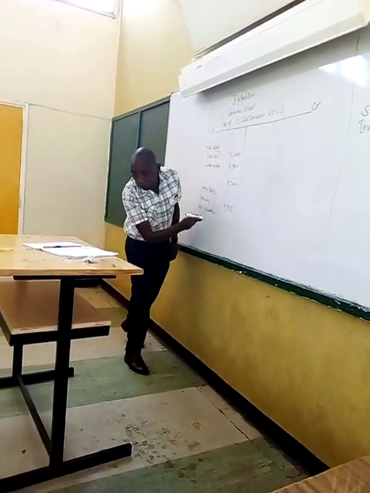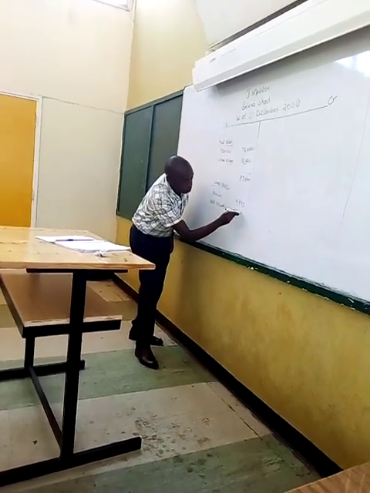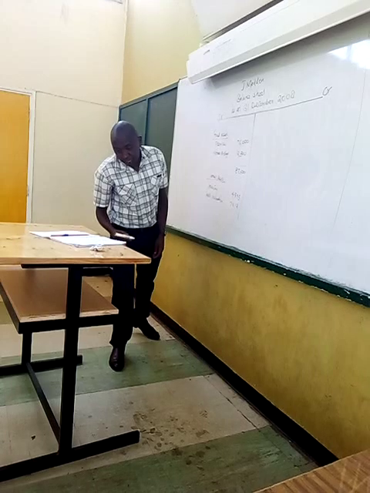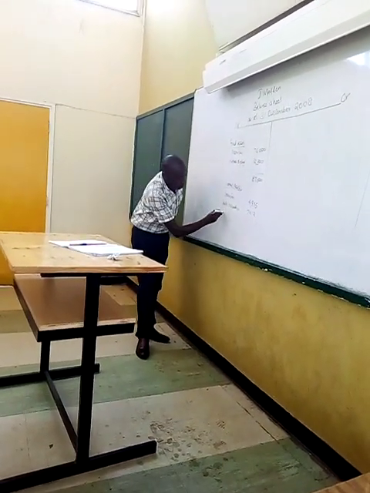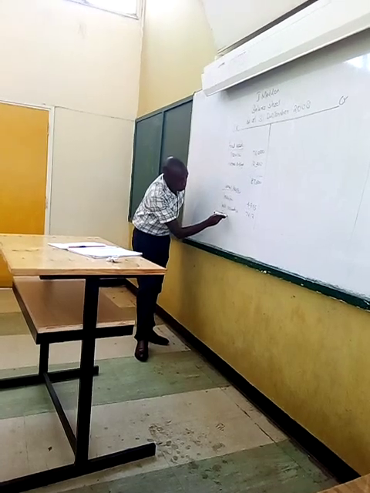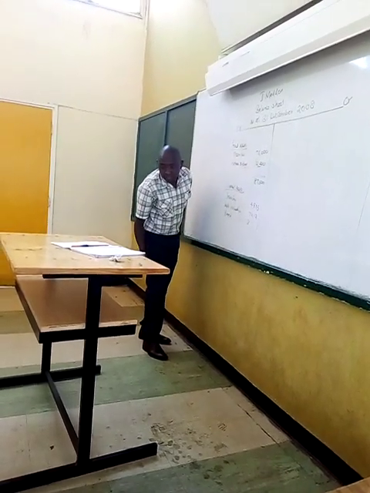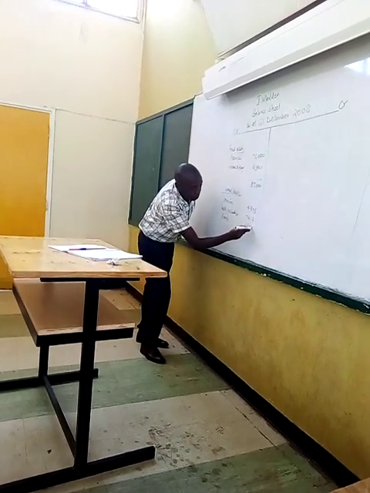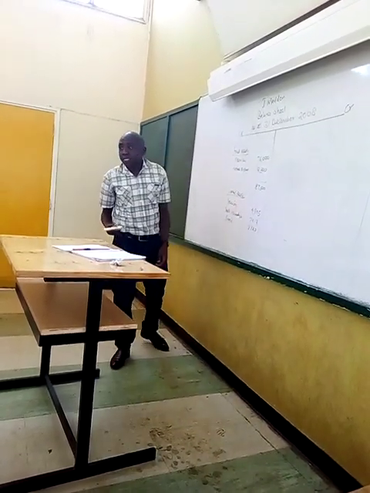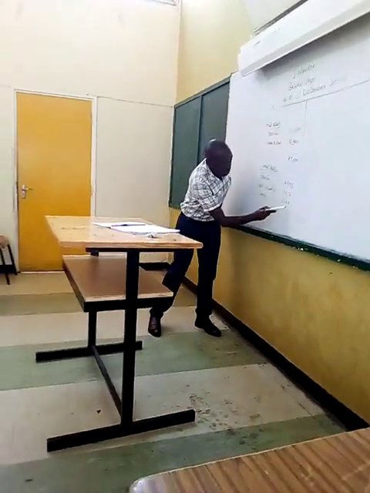What's the value? 7,212. Another one is bank. Bank, 3,323. Anything else from the current assets? None.